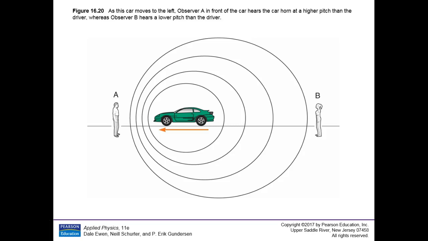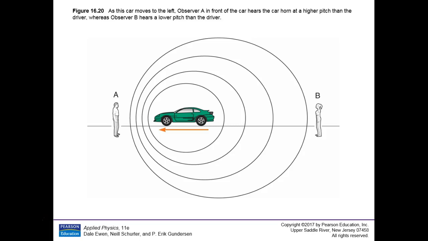But what observer A is hearing, because the car is moving this way, and remember, sound waves are pressure waves, okay? And what you're hearing is the frequency of that pressure, okay? And if the car is moving this way and the pressure waves from the horn are moving this way, then the car is compressing these, giving them a higher pitch, okay?